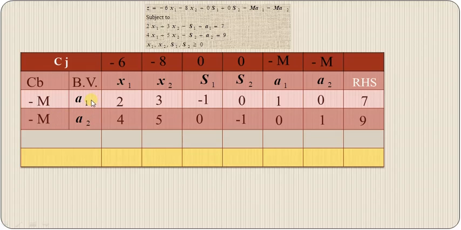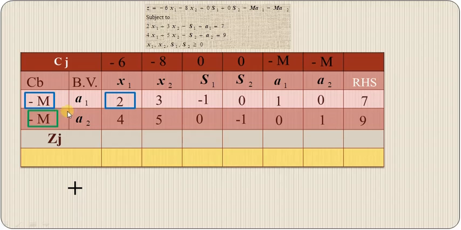For finding the leaving variable and entering variable, we have to add 2 more rows in this table. So I can write first of all zj. Okay, so what is meant by zj, or how to calculate the value of zj? For that we have to multiply the coefficient of basic variable, that is -M, with the decision variable coefficient, that is -M into 2 plus -M into 4 in the second row.